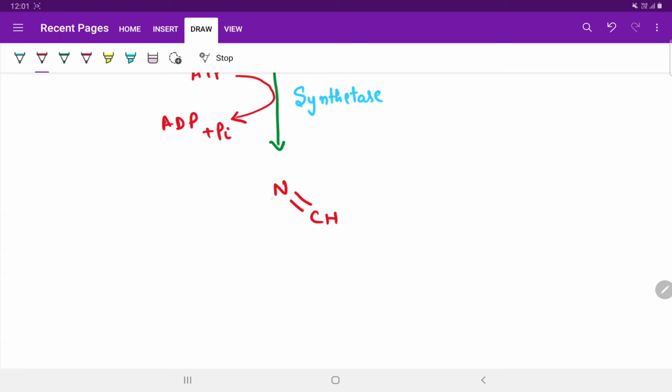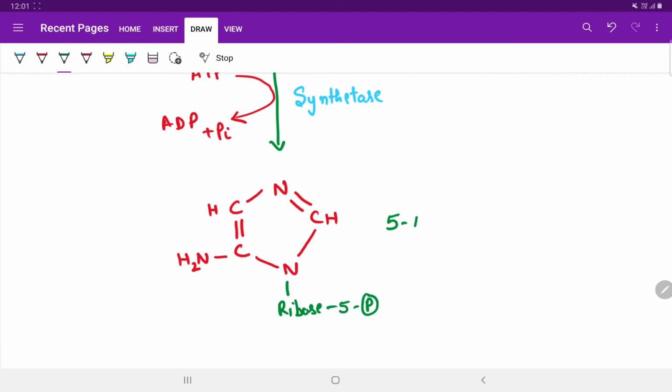You can see how this 5-membered ring structure is formed. And here will be the attachment of one ribose 5-phosphate. The name of this compound is 5-aminoimidazole ribosyl 5-phosphate.